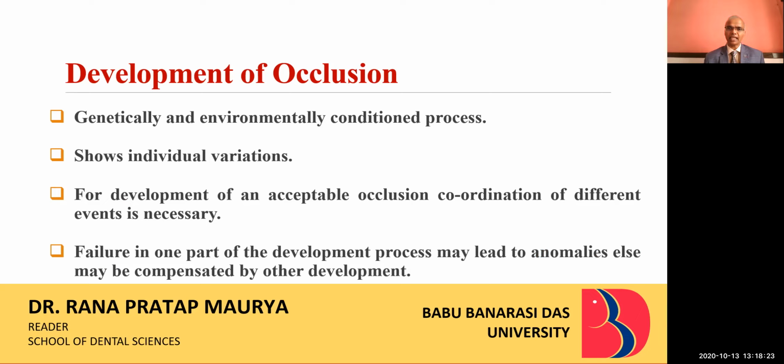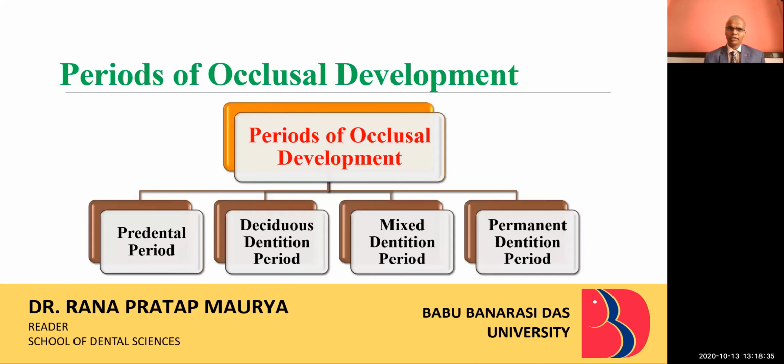If there is any disturbance or failure in one part of the developmental process, it may lead to anomalies, or else may be compensated by other developmental factors. The periods of occlusal development are divided mainly into 4 periods: pre-dental period, deciduous dentition period, mixed dentition period, and permanent dentition period.